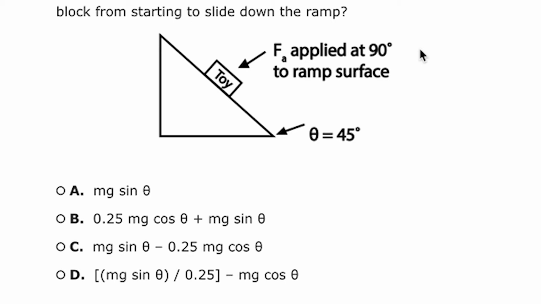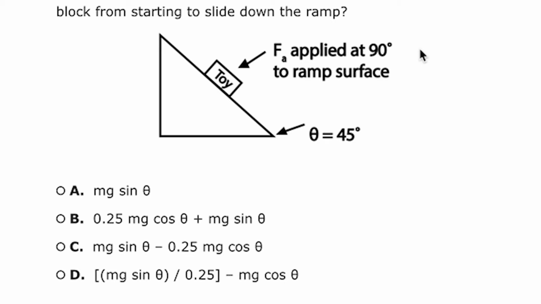So now the problem is, there's no normal force in these equations, right? There's nothing we can do with that. So I need to get rid of this normal force. Luckily, those of you who are masters of friction understand that the force of friction is equal to the coefficient times the normal force. And so we know that the force of friction is equal to mg sine theta. We also know that that's equal to 0.25 times the normal force.